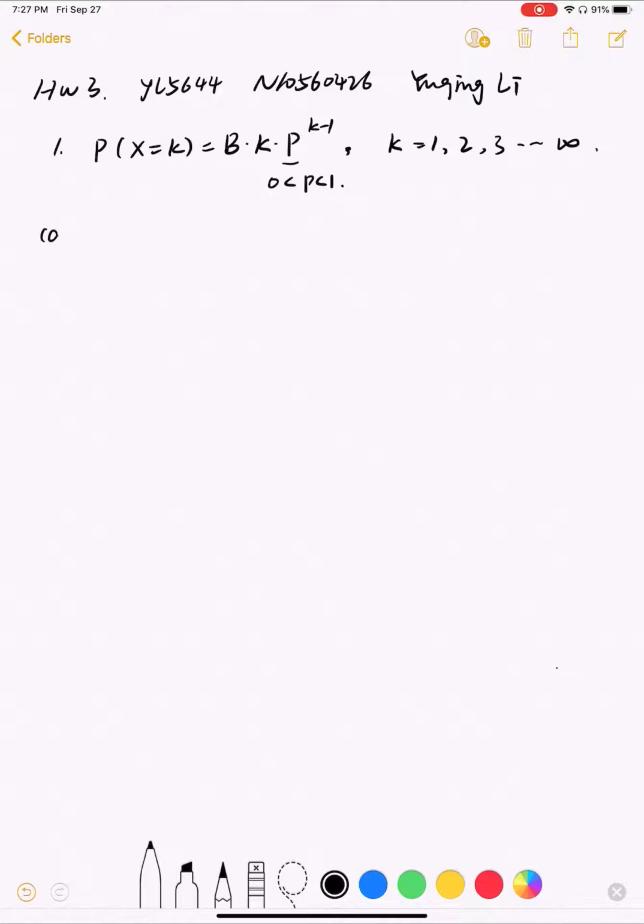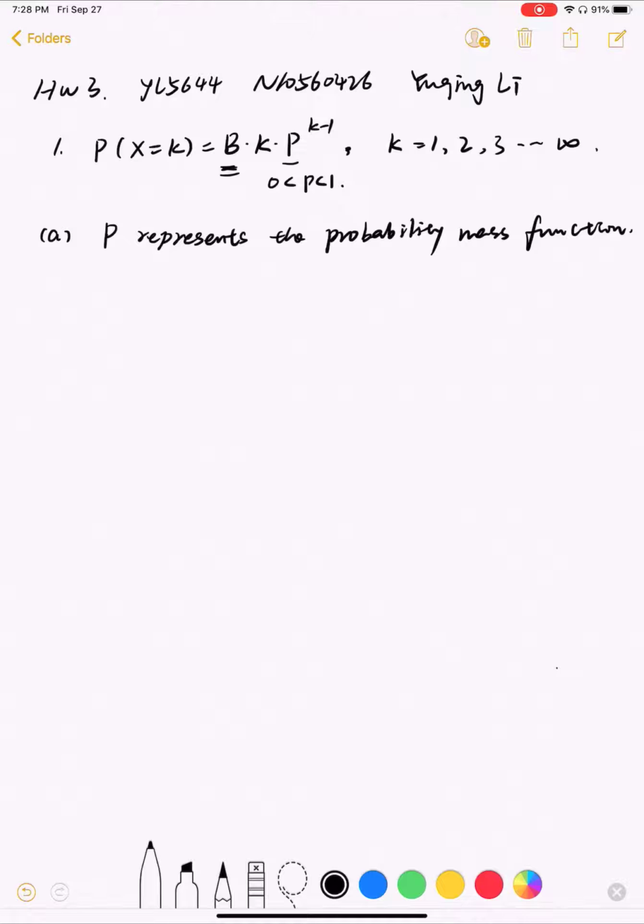Question A is to find b so that the p represents the probability mass function. For that, p is the probability mass function.